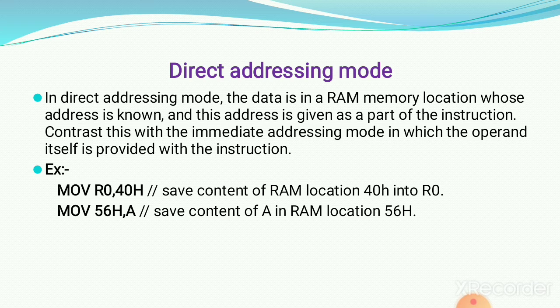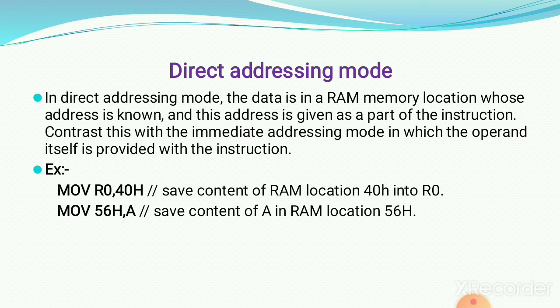Its example is MOV R0, 40H. The meaning of this instruction: save the content of RAM location 40H into register R0. Similarly, the second example, MOV 56H, A: save the content of the accumulator in RAM location 56H.